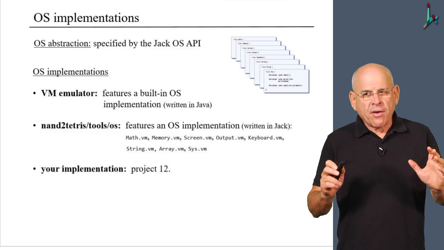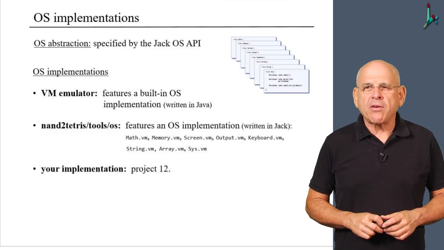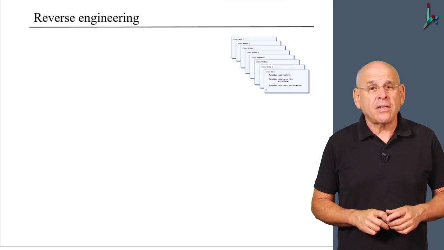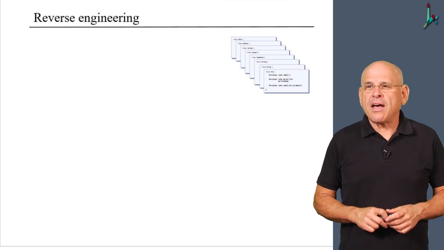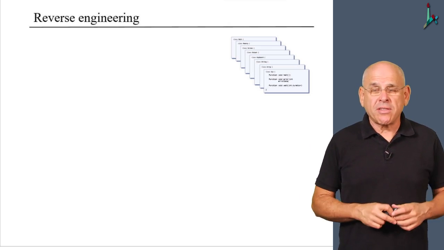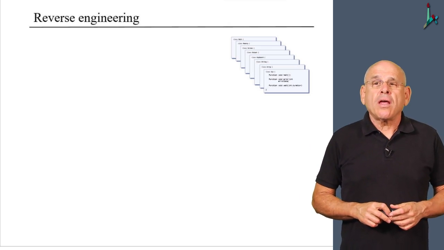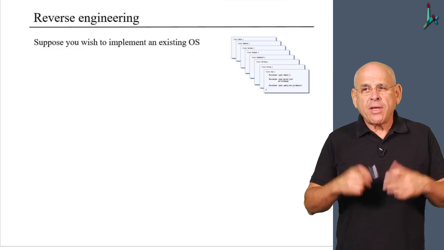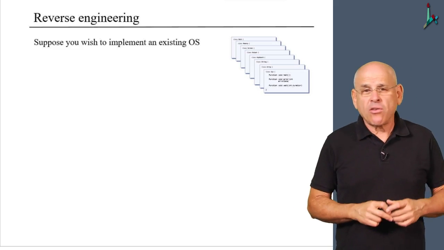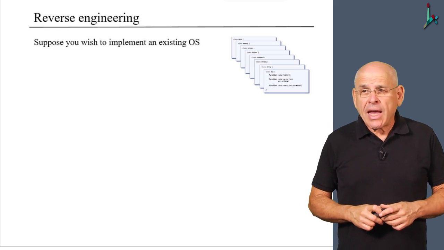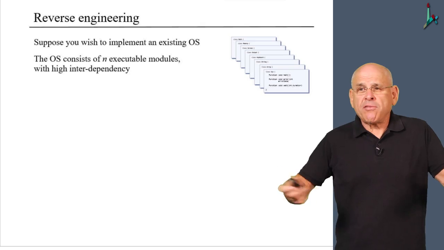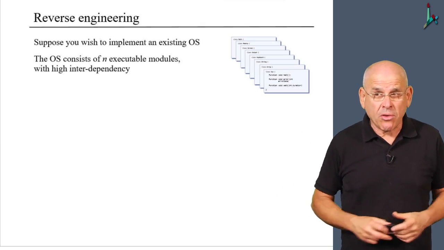Now, before we go on, I'd like to say a few words about reverse engineering, which is an important technique in the software developer's toolbox. So let's assume that we want to implement some existing operating system. And let us assume further that the operating system naturally consists of several executable modules.